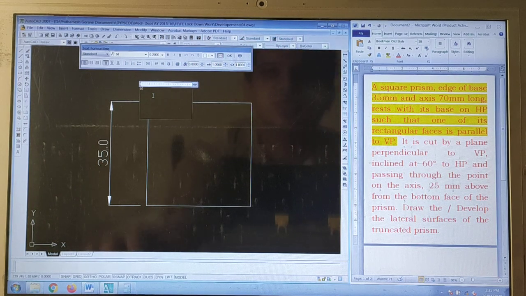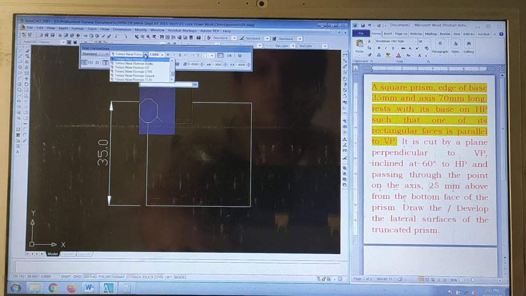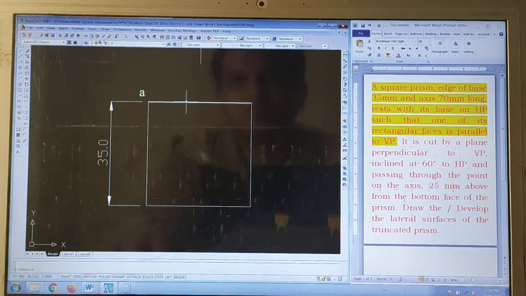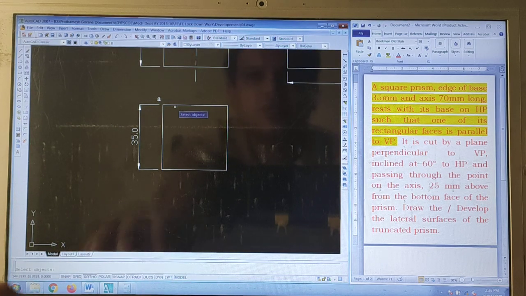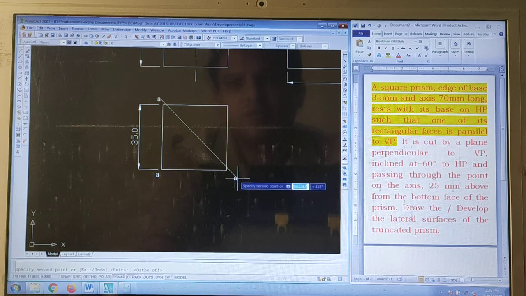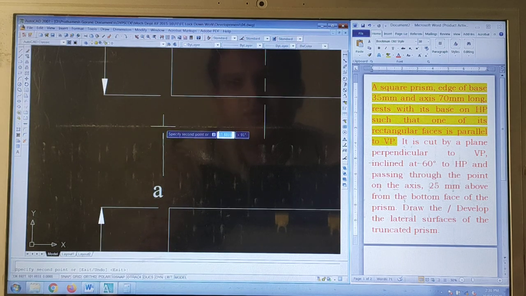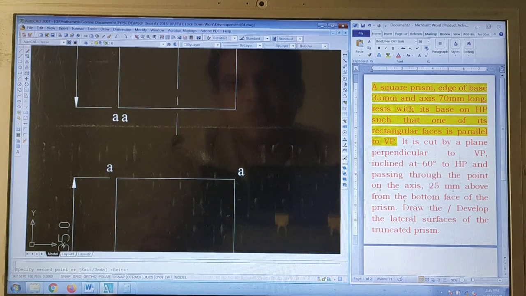So this is point A, B, C, D. Again over here there will be 2 points lying on this particular line.